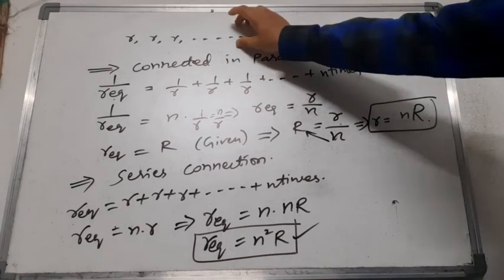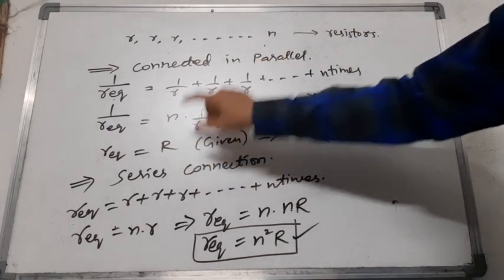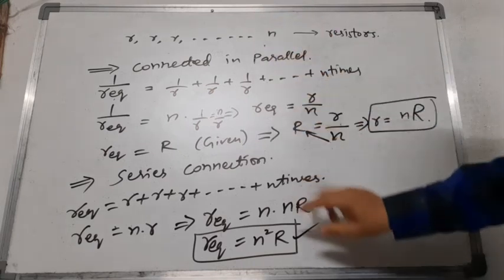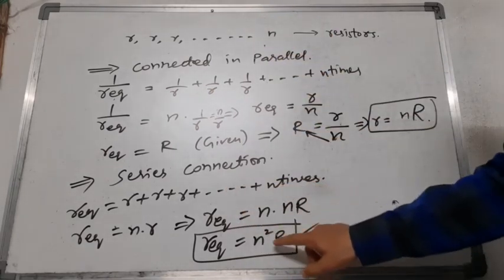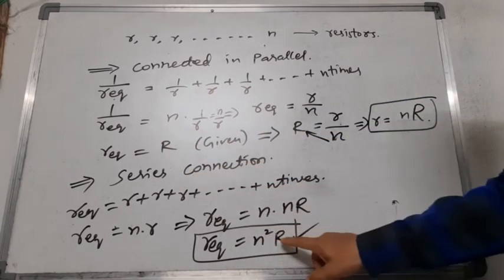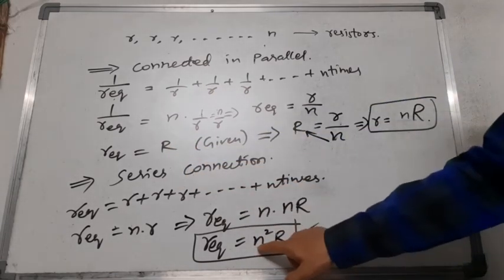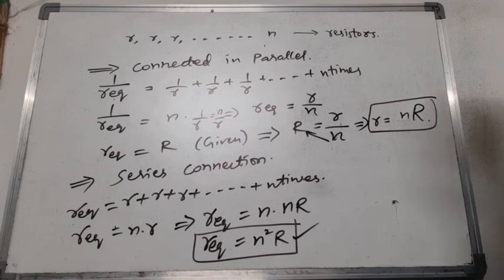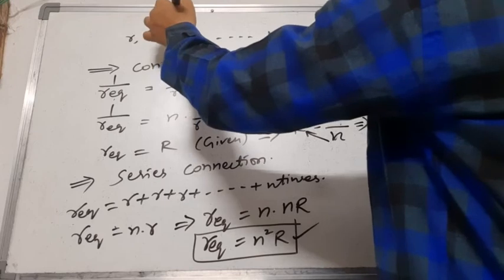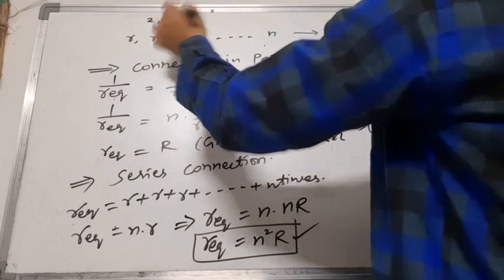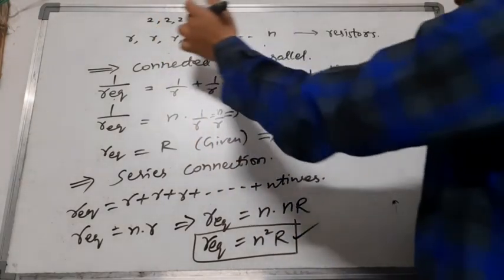Same resistors connected in parallel, it is R. Same resistors connected in series, then compared to the parallel resistance, the series resistance is increased by N square times. Suppose three resistors of 2 ohms are connected in parallel.